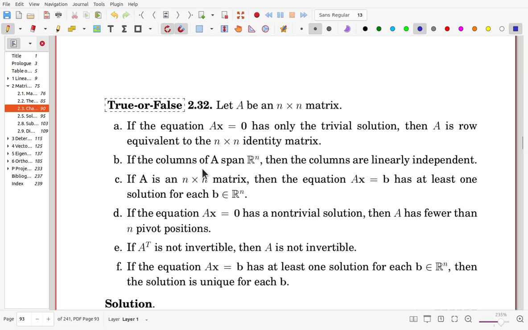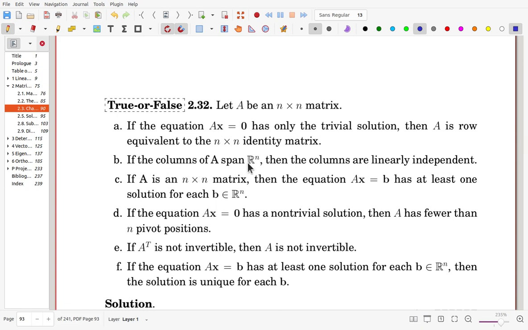If the columns of A span Rn, that is also one statement, then the columns are linearly independent. That's also another statement in the invertible matrix theorem, so it must be true. Even the other way: if the columns are linearly independent, then the columns of A span Rn.